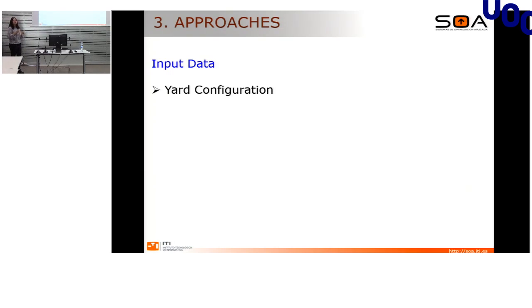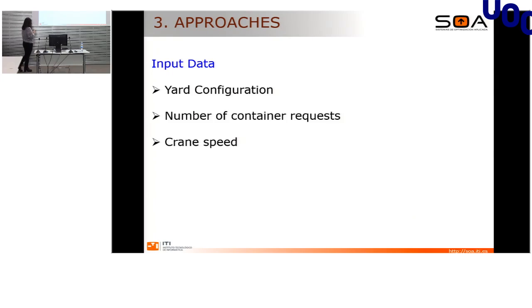The yard configuration is the number of rows or bays of tiers, the number of inputs, outputs on each side, the number of container requests, how many containers I have to pick up or to load or unload, and the speed of the crane in order to compute the movements or the distance between the containers. The reshuffling time, but in this case, as I said before, is like a constant. We are not considering the reshuffling as an optimization problem.